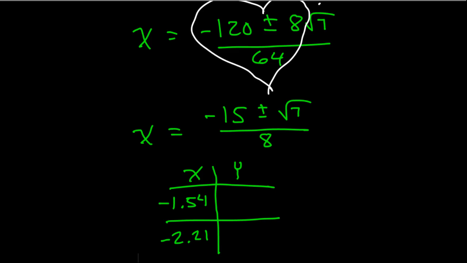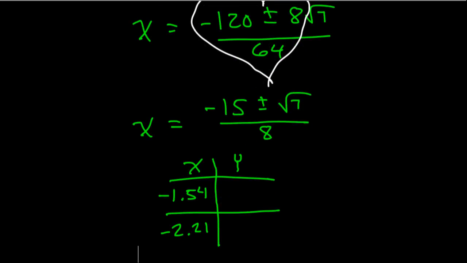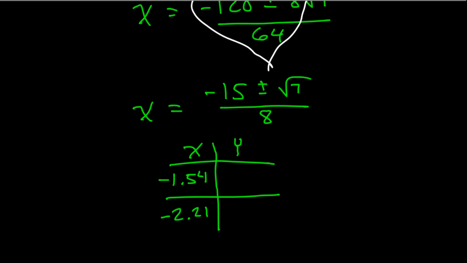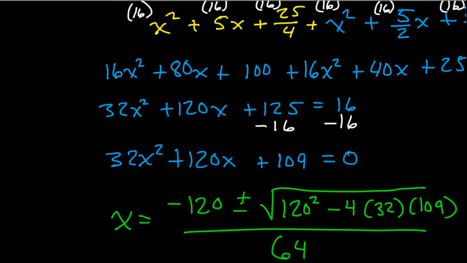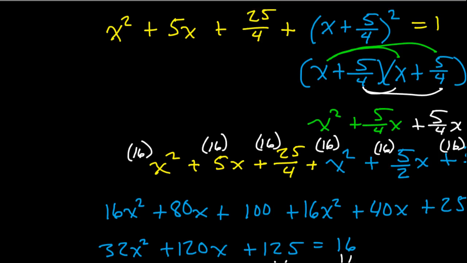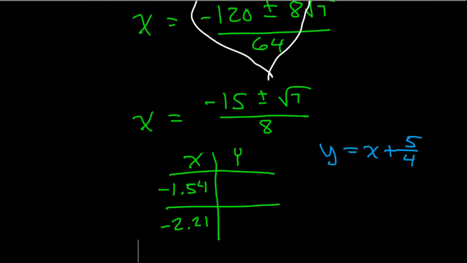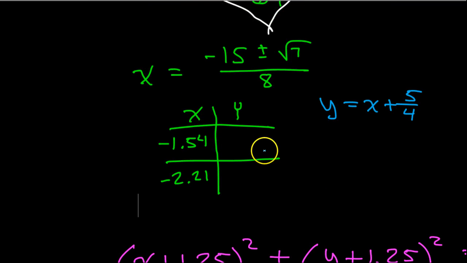But remember, we have that little equation. Actually, let me see if I can remember it. Remember, we had found the equation that y is equal to x plus, and I believe it was 5 over 4. Yes. Okay, so let's use that little equation to find the y's.